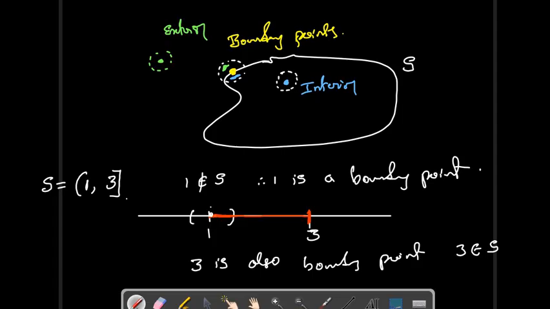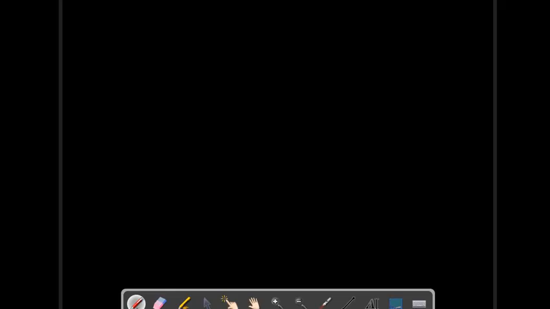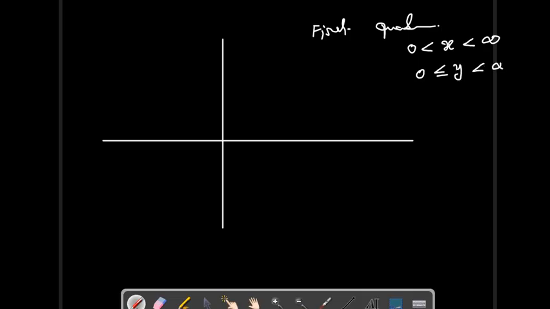And let me define what an open set and a closed set are. Or in other words, let me take some sets and give you some points, and you tell me whether they are boundary points or not. For example, let me take the first quadrant: 0 strictly less than x less than infinity, whereas 0 less than or equal to y less than infinity.